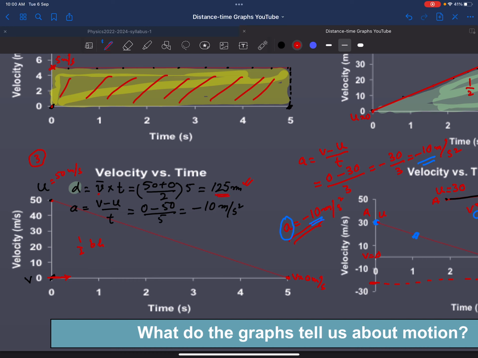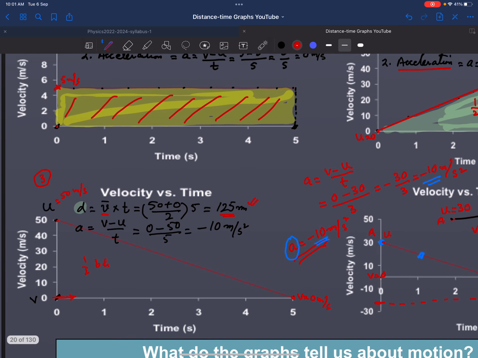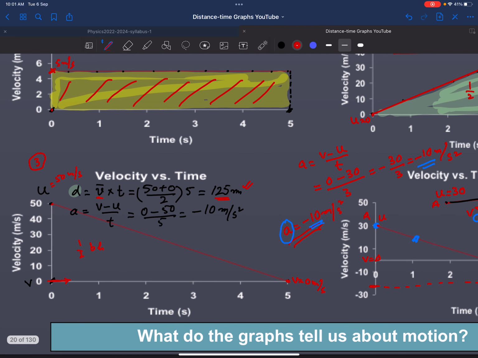And remember this thing, that the average velocity in this case, or even in this case, is the same as here, which we have just discussed. The average velocity means that throughout, your body is not moving with the same velocity. So how can you get the average velocity? The initial velocity plus final velocity divided by 2, and ultimately you are getting this 125.